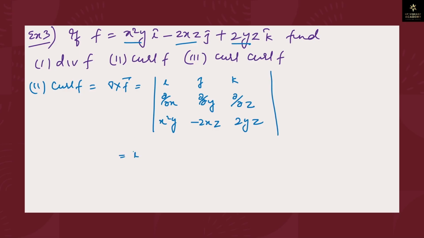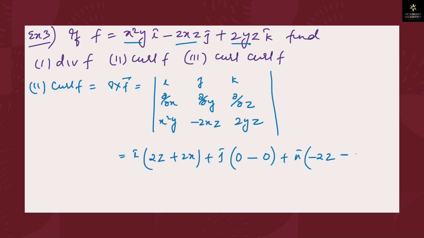So we have i cap times ∂/∂y of 2yz, so this is 2z, minus ∂/∂z of minus 2xz, which gives plus 2x. Plus j cap times, this is 0, ∂/∂z of x²y minus ∂/∂x of 2yz, this is 0. Plus k cap times ∂/∂x of minus 2xz, this is minus 2z, minus ∂/∂y of x²y.